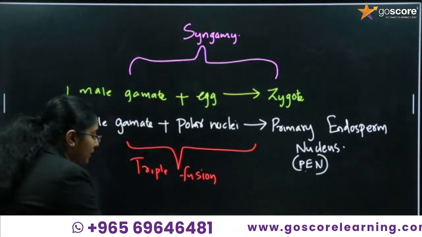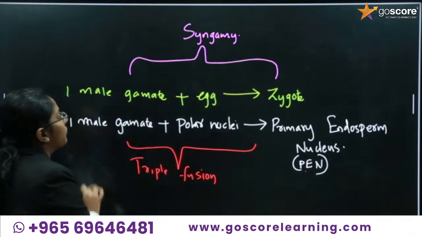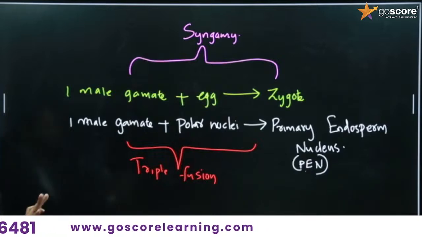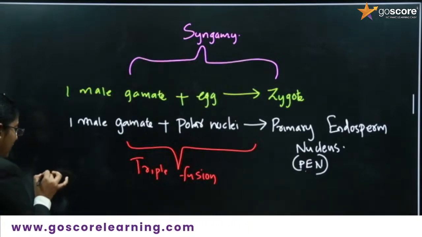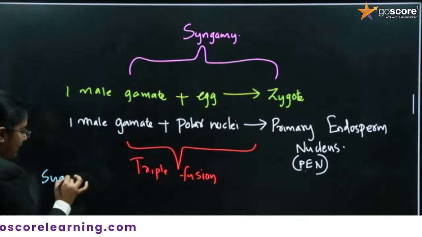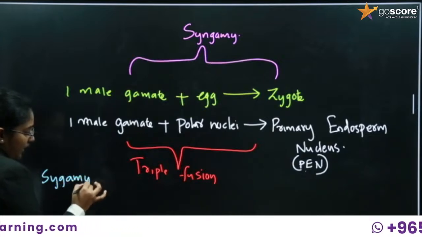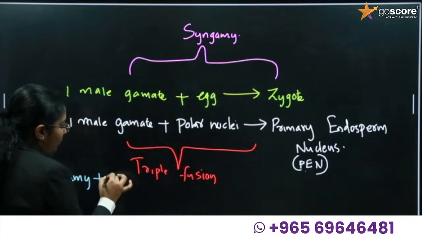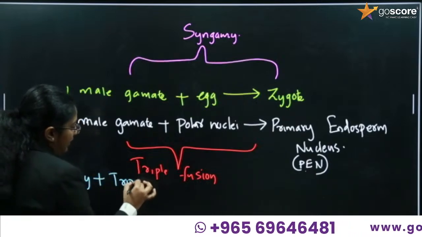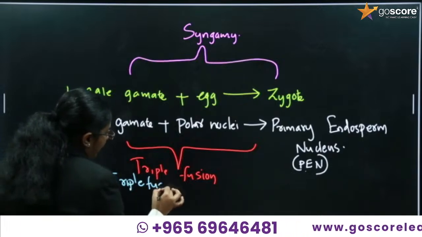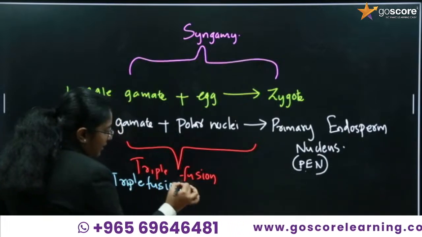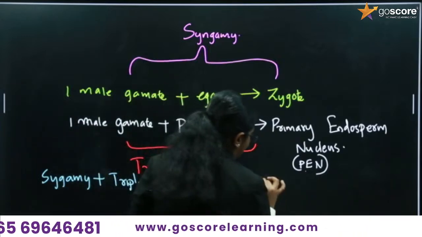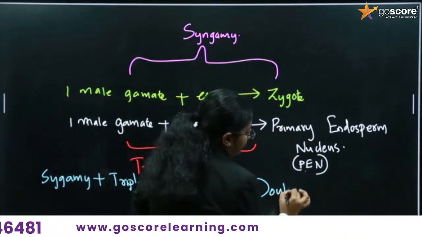So both triple fusion and syngamy take place together, and we can say syngamy along with triple fusion is known as double fertilization.